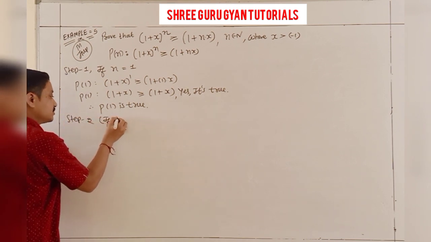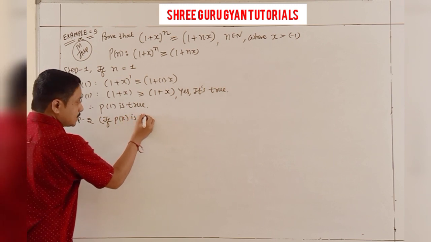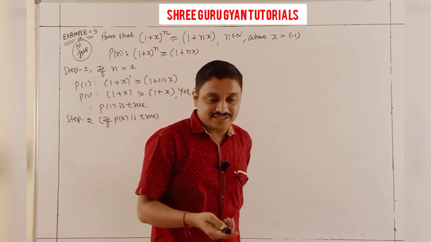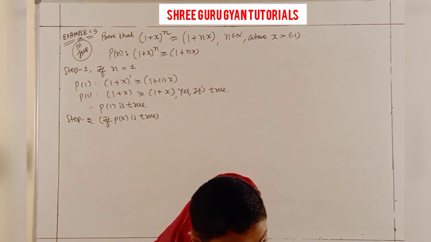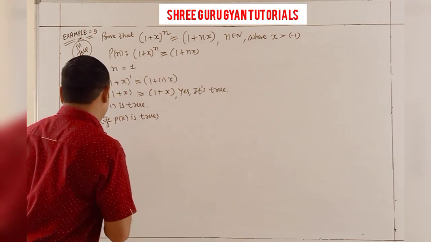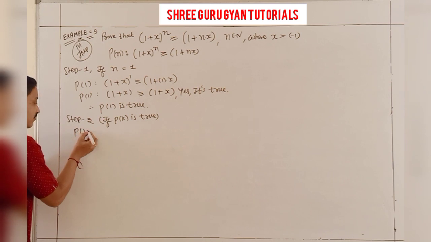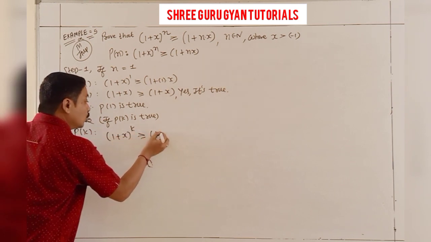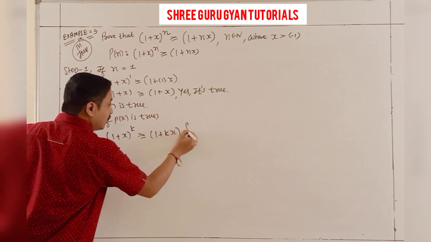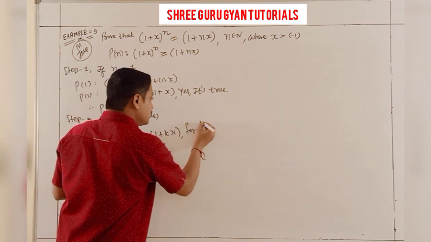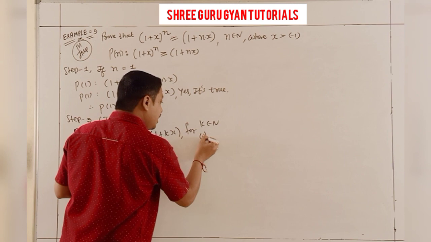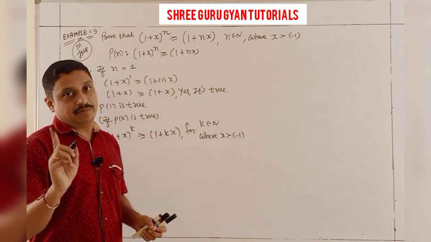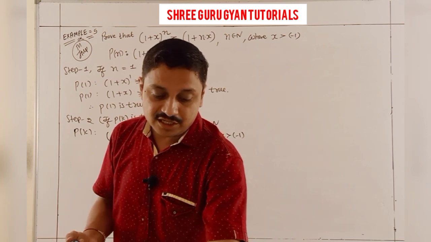If P(k) is true, so what is P of k? Given in terms of P of k, I just show it there: P of k is 1 plus x raised to k greater than or equal to 1 plus kx, a necessary condition, where k belongs to n and x greater than minus 1, which is also important for questions related to this.